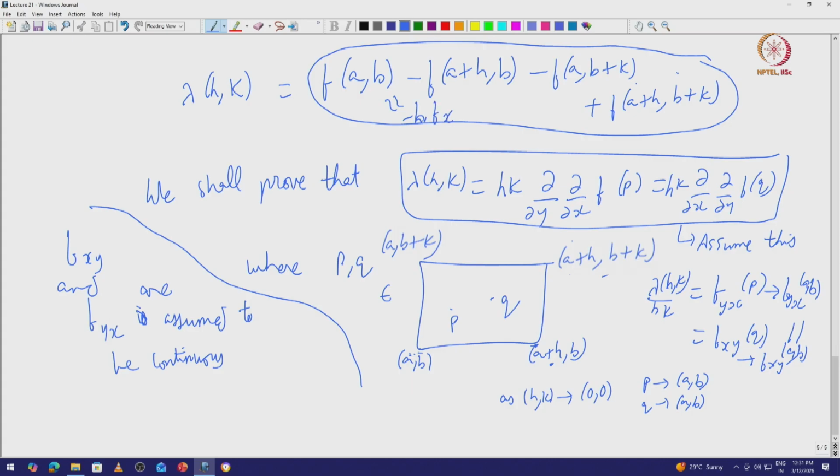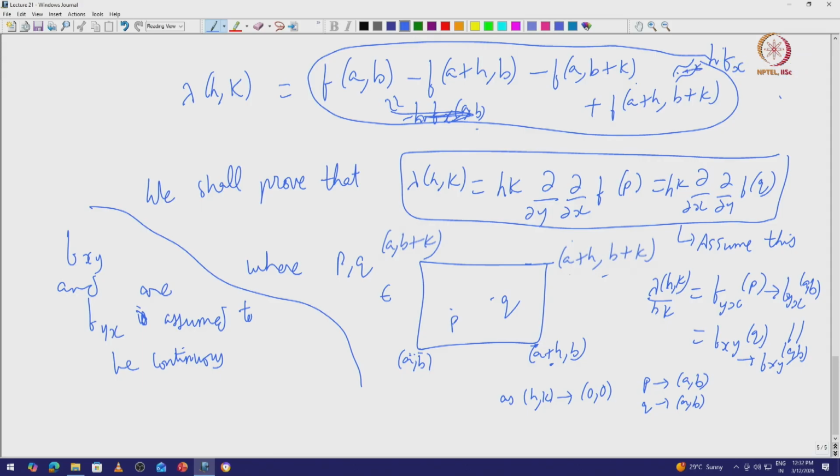And this is roughly speaking the same thing. This is h times the partial derivative with respect to x, except that this is evaluated roughly speaking at a comma b plus k, and this is evaluated roughly speaking at a comma b. So the difference is roughly speaking the partial derivative with respect to y of the partial derivative with respect to x of a comma b, okay? And you can interchange the roles of a and b.